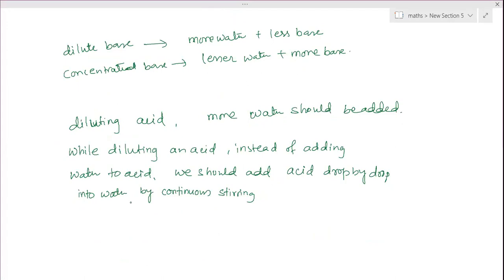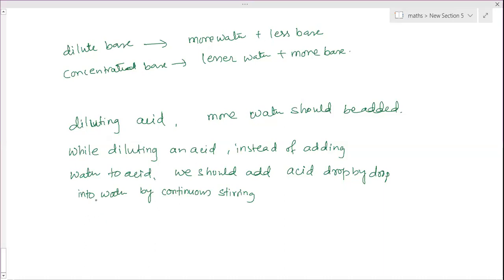And another reason is that the container in which you are doing that process may crack and the solution may spurt out, and the person doing the dilution may hurt his hands. So these are the precautions to be taken. So you have to write the reason.